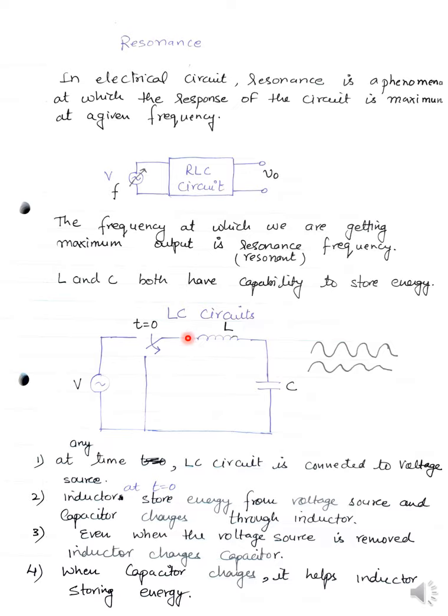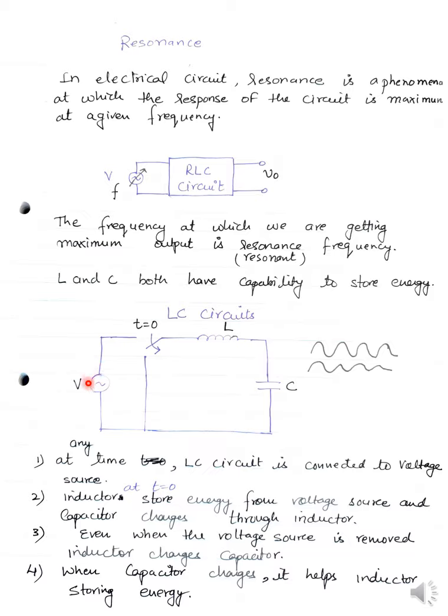So when it is connected to L and C, the current will start flowing through the circuit, and inductive energy will start getting stored across the inductor. From this inductive energy, the capacitor will start charging also. So let's say at time t equals 0, the inductor stores energy from the voltage source, and the capacitor charges through the inductor.